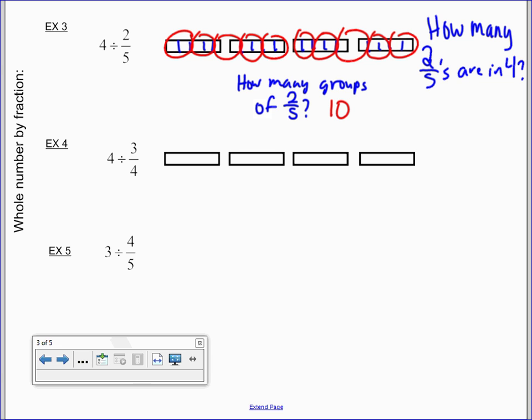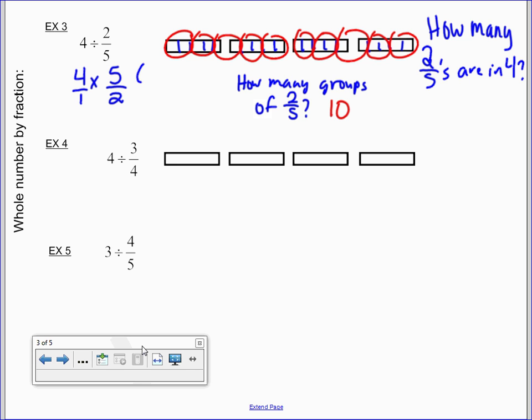Okay, if we take 4 and we divide it by 2/5, what we do is we can rewrite that as 4, you can do 4 or 4/1, times 5/2. Now, the 5 represents, 4 times 5 is 20, kids, and we had 20 what?